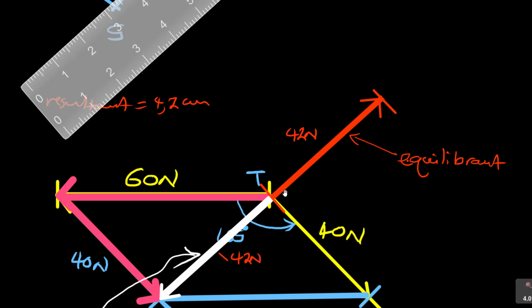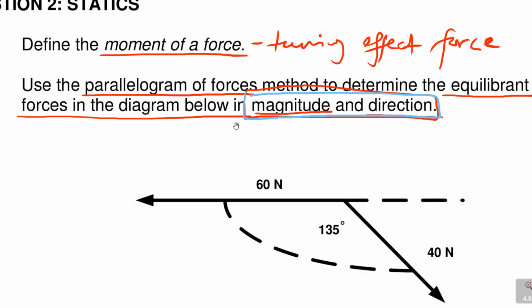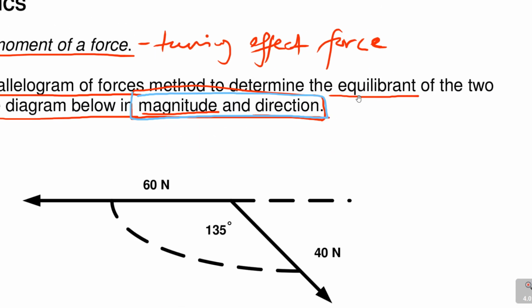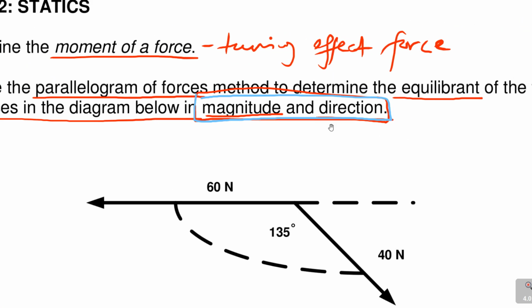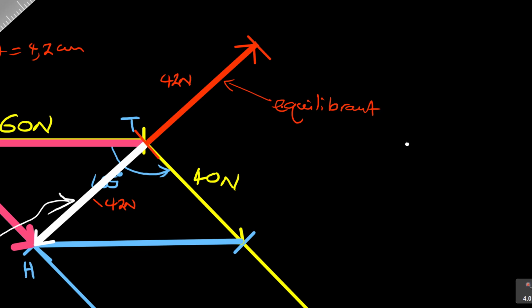Are you with me? So if we come back to the question, what does the question say? Use the parallelogram to determine the equilibrant of the two forces, not the resultant, but they wanted the equilibrant in the diagram below in magnitude and direction. So we got the magnitude.